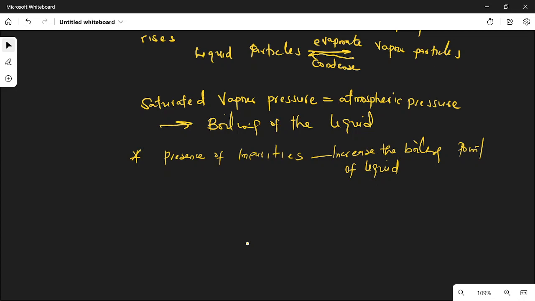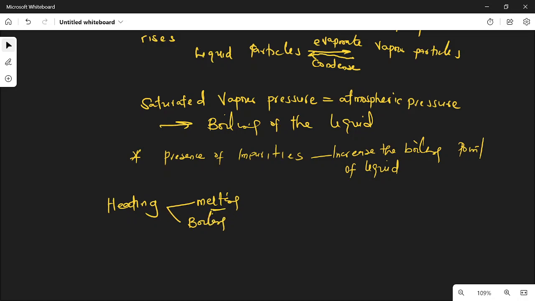So note that our heating process, from what I have explained, means that heating will cause melting. When you heat the particles of a solid, they melt. When you heat the particles of a liquid, they boil.